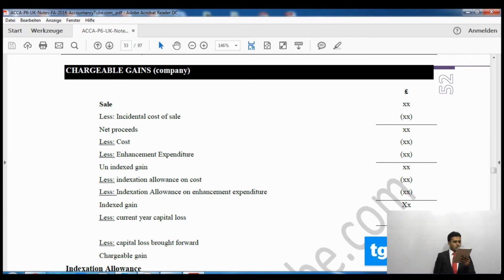So we'll deduct RPI in the month of sales less RPI in the month of purchase, divided by RPI in the month of purchase, and that will be our index factor. We'll have to multiply it by cost or the enhancement expenditure, and that is going to be our indexation allowance, right?